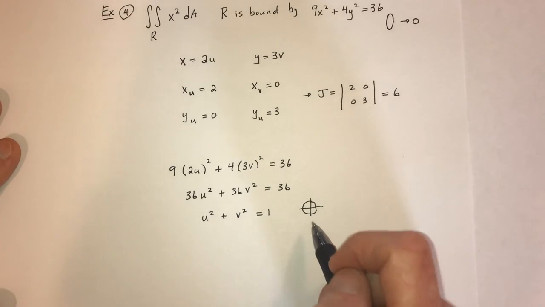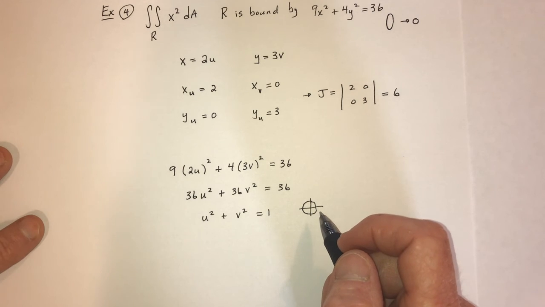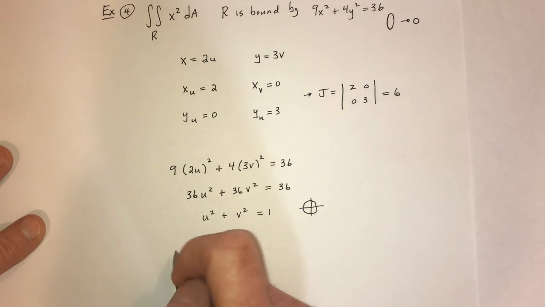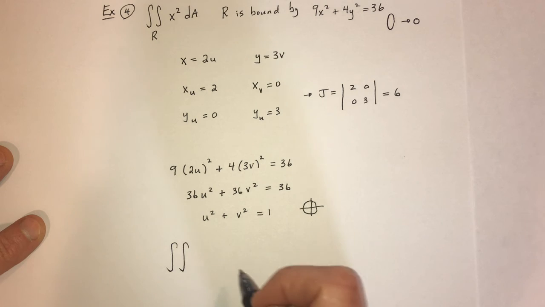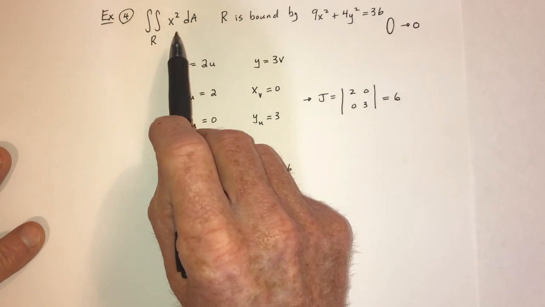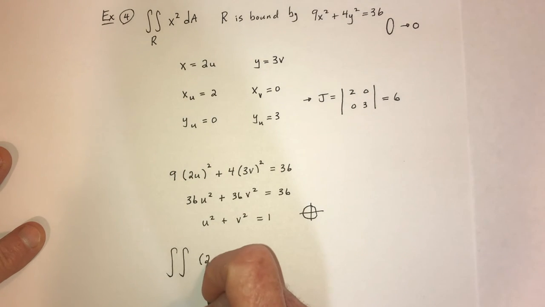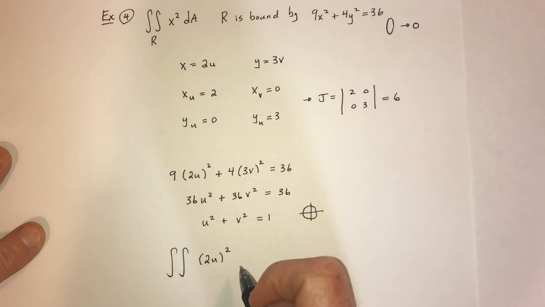So that means that once you've got a circle, we can change it to polar, and it would be much easier with polar. Well, let's see. First of all, it's going to be integral, and then x has to be squared, which means 2u needs to be squared.